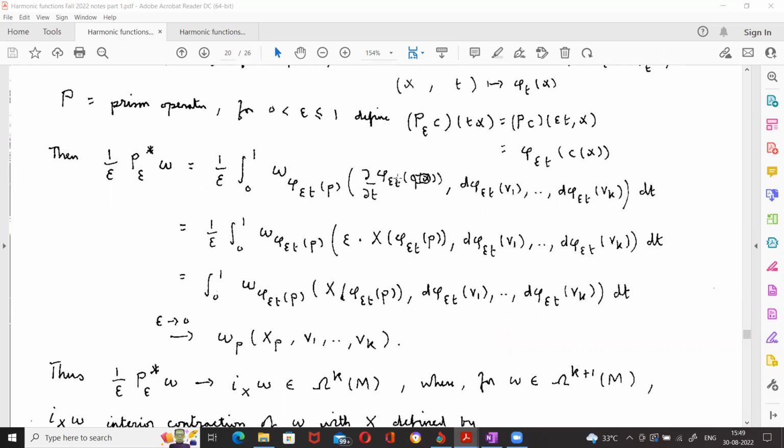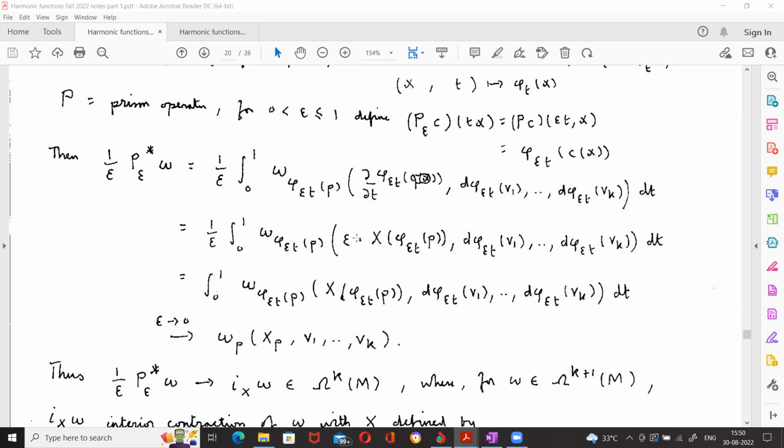So by the chain rule, when I have an epsilon t here, I'll get an epsilon times x here. So del del t of phi epsilon t of p is going to be epsilon times x at the point phi epsilon t of p. And then the rest stays as it is.